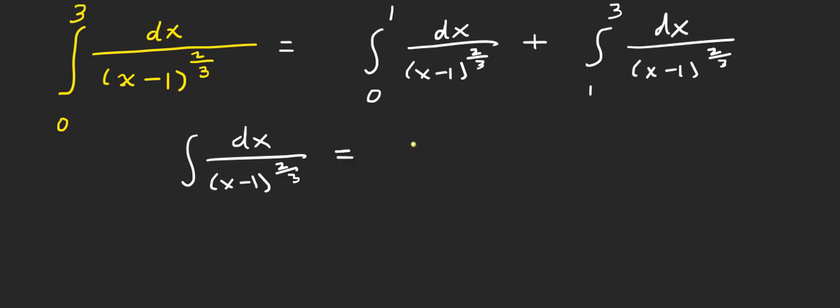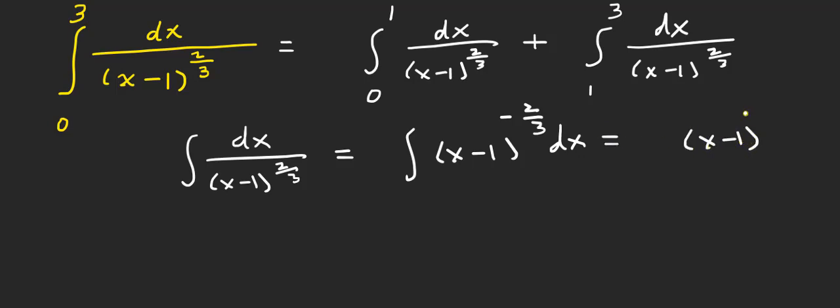So let's rewrite it as the integral of quantity x minus 1 to the negative 2 over 3 dx. And what's the antiderivative of this? It's going to be quantity x minus 1 to the 1/3, divided by 1/3, which is the same thing as multiplying by 3, and you need plus c. You could use u-sub, but this was kind of simple to find. So you might want to try u-sub if you want.